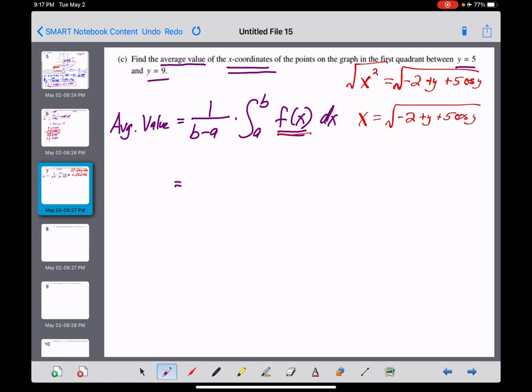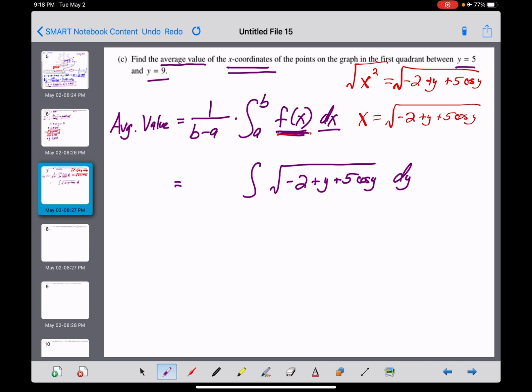So our average value is going to be a definite integral of, we're solving for x right now, so it's going to be the square root of -2 plus y plus 5 cosine of y. Since our integrand is written in terms of y, that should tell you that the variable of integration here is going to be dy.